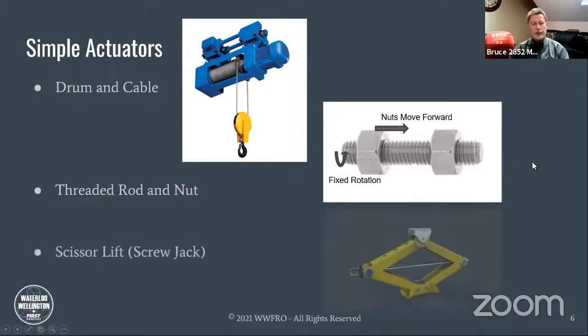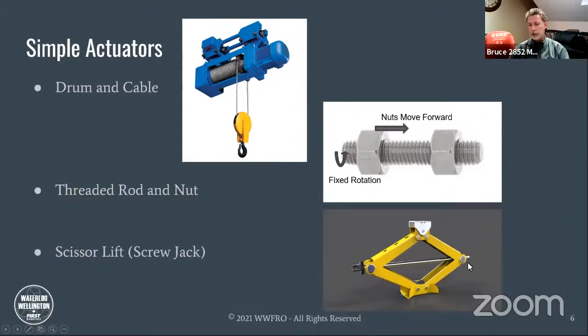We could use something like that in a scissor lift, a screw jack. You can see there's a nut in this end. You can see the threaded rod spinning in and out and pulling those two pivot points together or apart. And this is the common jack that you will see in just about every car that's on the road today.